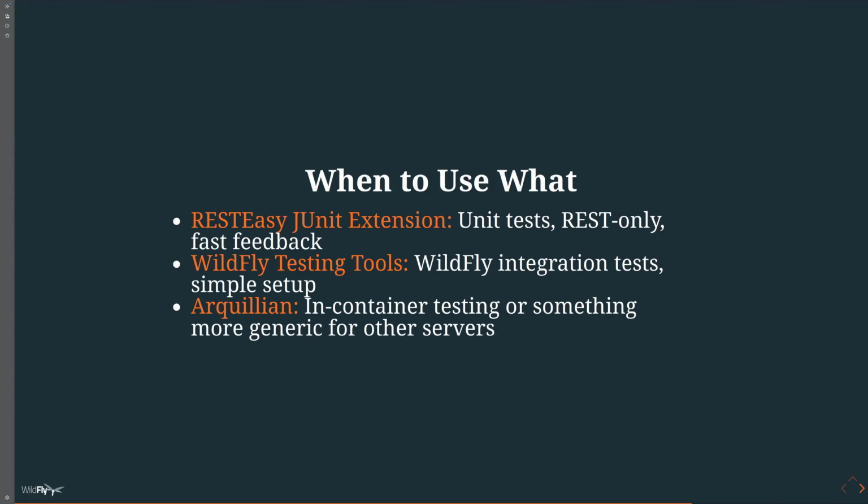And then you can use Arquillian if you want your test to run inside the container itself. That's still a very valid use case. The Jakarta EE TCK, the MicroProfile TCKs, and Wildfly itself all still use Arquillian quite extensively.